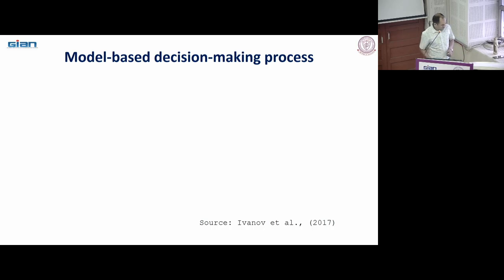So, model based decision making process. First, let's assume how the decision making process works in any organization. Suppose you are working as a logistics manager or supply chain manager in a company, and the top management wants to increase the profit, or they want to expand their business. What are the options available to them?